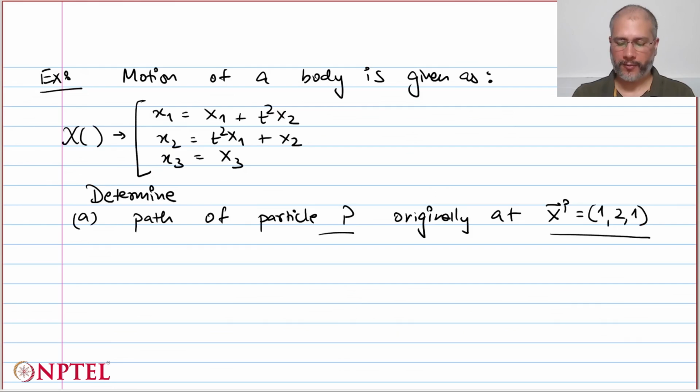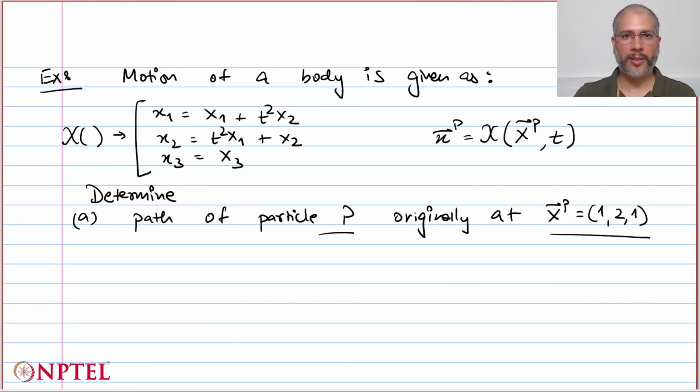So that is what the chi function allows. It allows us to find the spatial coordinates of some particle, that is P in this case, given the material coordinates of the point, that is its position in the reference configuration, and the time at which we want to find its position.